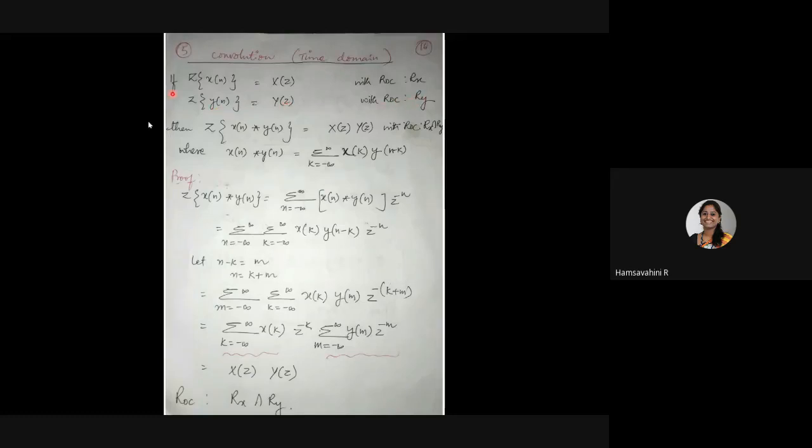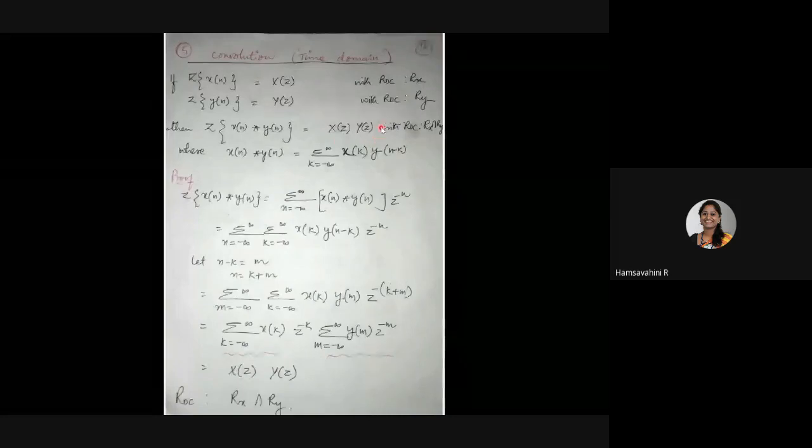If you want to compute the z transform of its convolution, it is nothing but the multiplication of the z transforms of those two signals. So convolution in time domain is nothing but multiplication of the z transforms of those two signals in z domain.